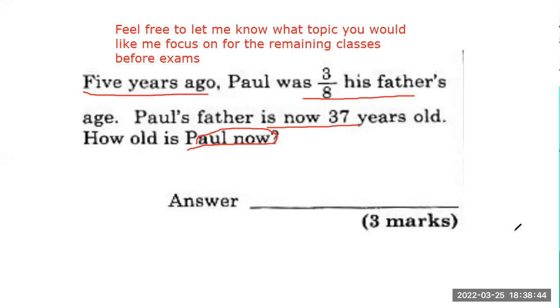Right, so we're given some information in this question. Let's take a note of what we have. So we have 5 years ago, Paul was 3/8 his father's age. Paul's father is now 37 years old. How old is Paul now? So, on my screen, my whiteboard. Right.